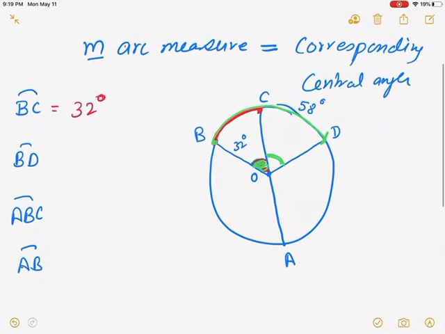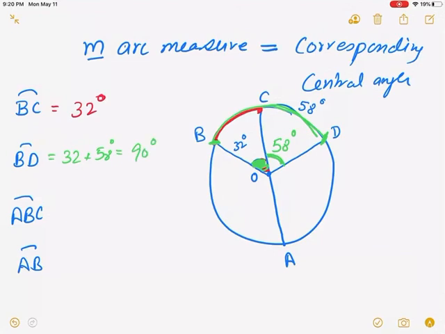So if the arc length is 58, I know this corresponding central angle would be the same. What's the entire length, starting from B and stopping at D? If I add these two angles, that's going to be the entire arc length. So 32 added to 58 degrees becomes 90 degrees.